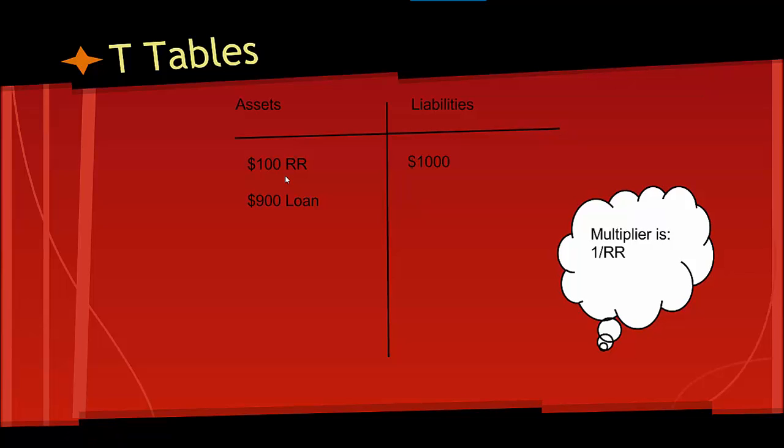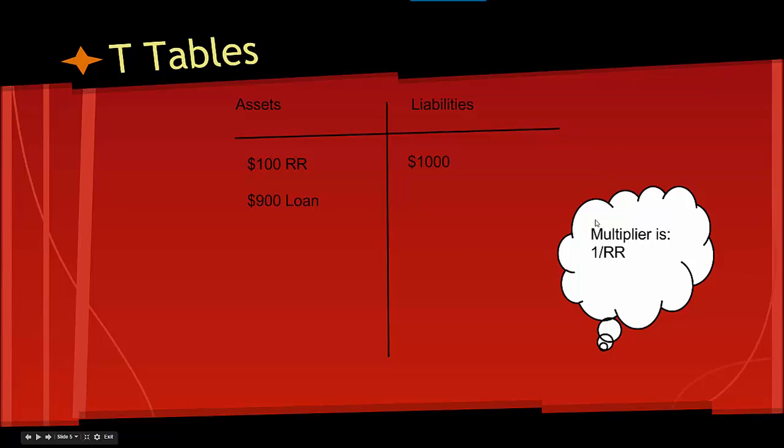Now, what you're going to be mainly asked about is what is the reserve ratio? Well, let's take a look here. If our reserve ratio is $100 and we originally had $1,000, that's 10%. So what you want to do is remember your multiplier formula, which is 1 over RR.